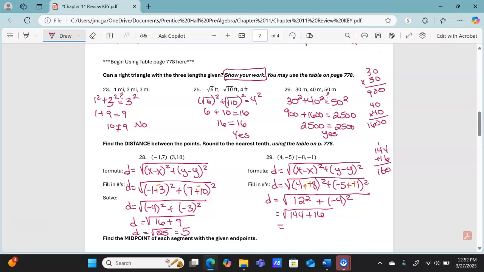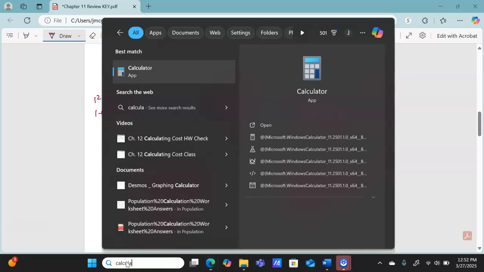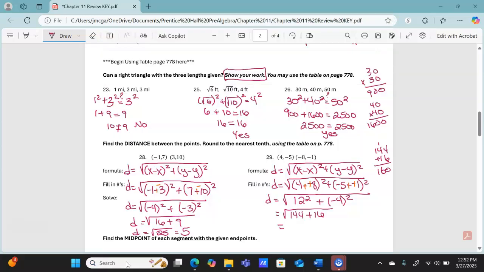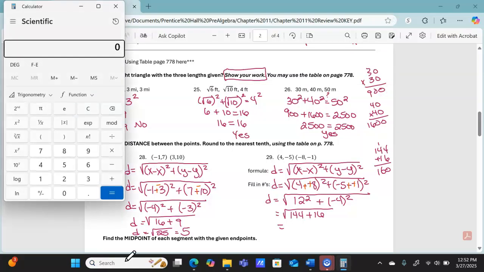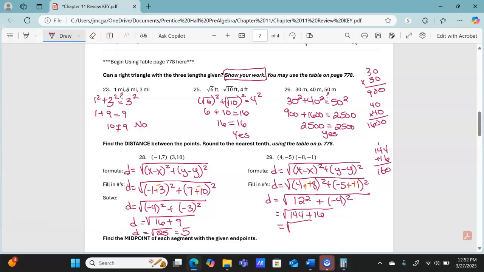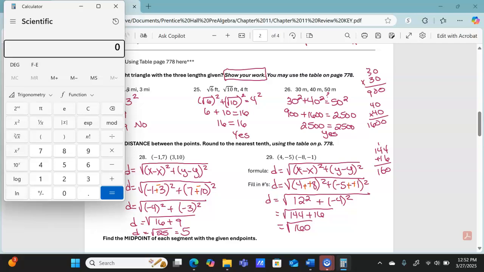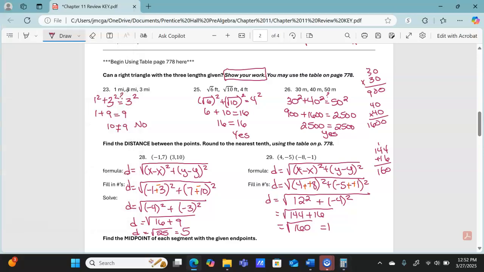So when you do these, I will make sure that you have ones that you can use the table for. So they would have to be less than 100. But if you don't have that, you have to use a calculator. So the square root of 160 is 12.6.